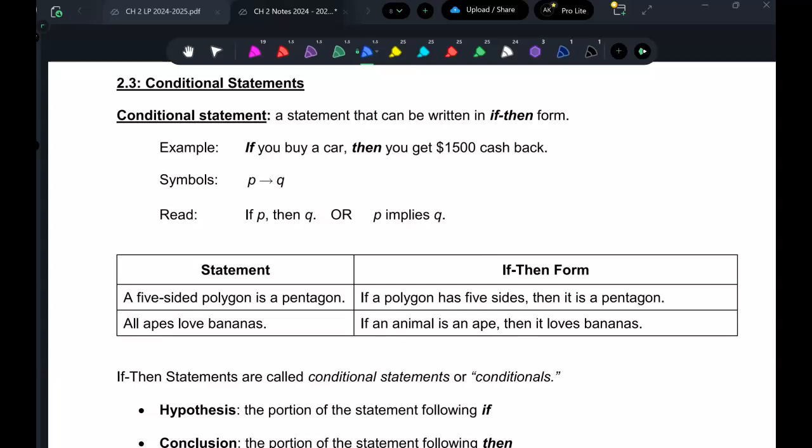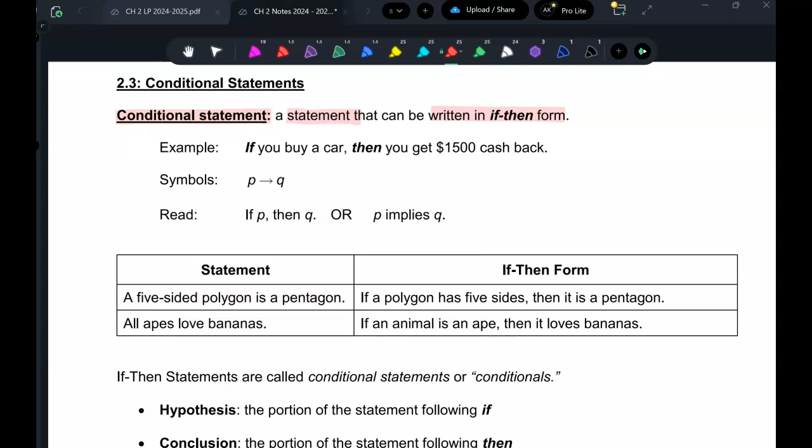So there's a condition on the first part to see if you could do the next part, okay? So we think of that as a statement that can be written in if-then form. If you unload the dishwasher, then you can go hang out with your friends. If you buy a car, then you get $1,500 cash back.